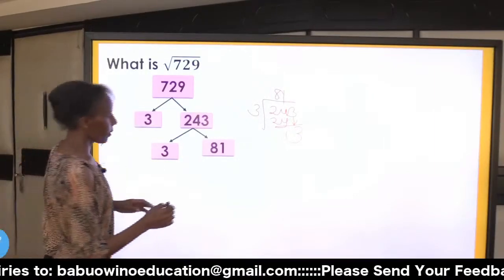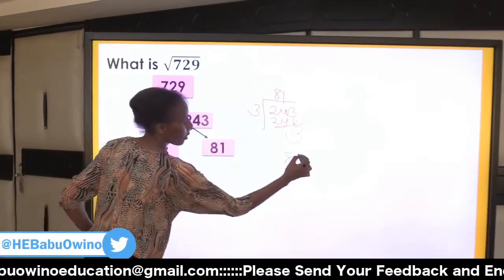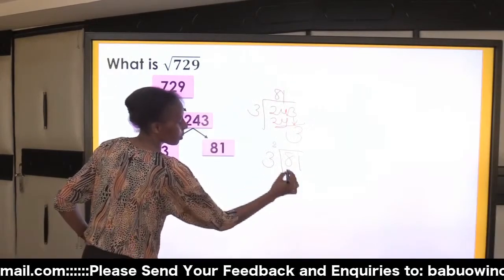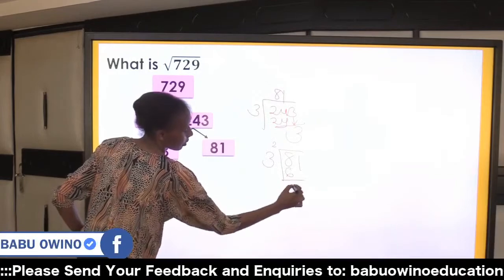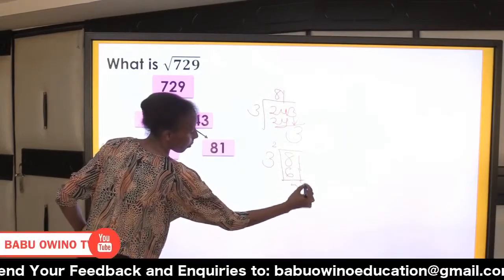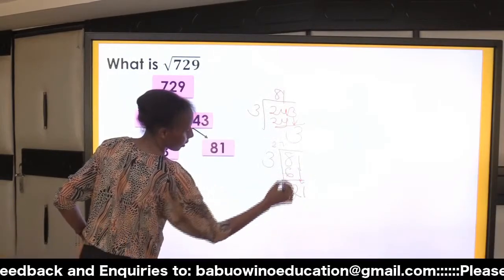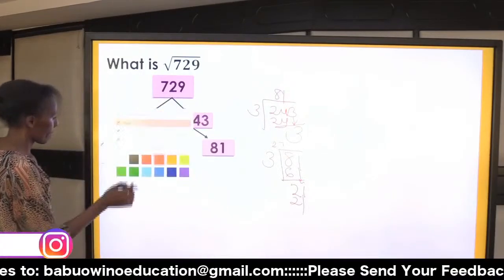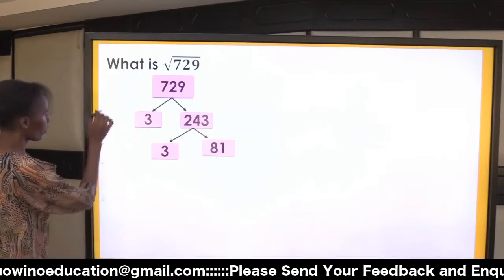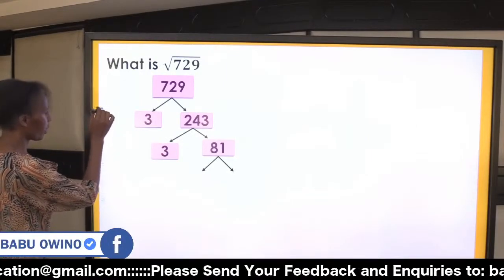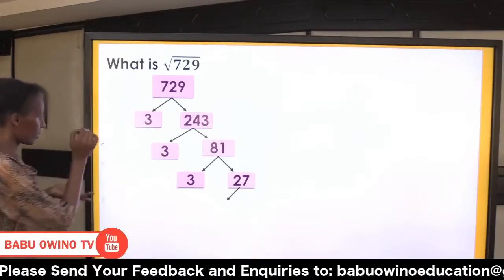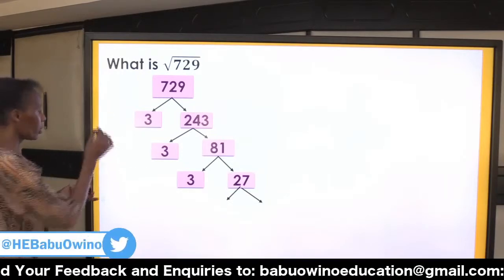81, we divide by 3. 2 because of 6. Get 2. Then we drop 1. 7 because of 21. So again, when we divide 81 by 3, we get 27. 27, when you divide by 3, what do you get?